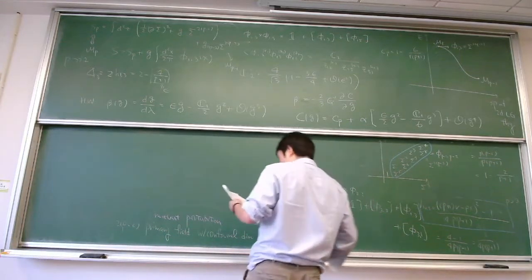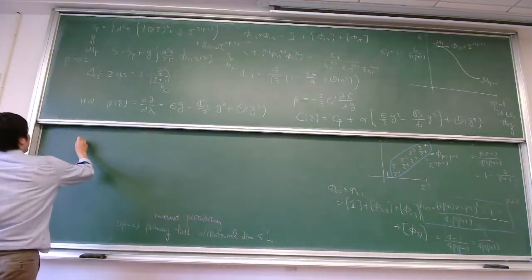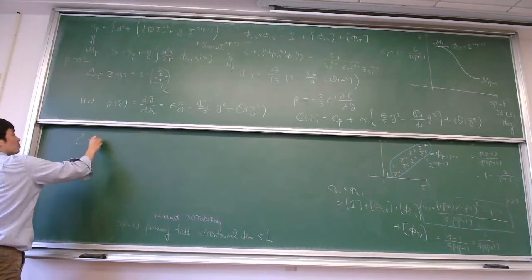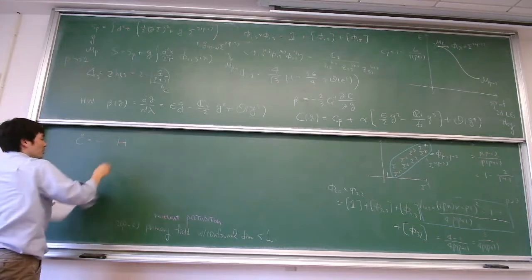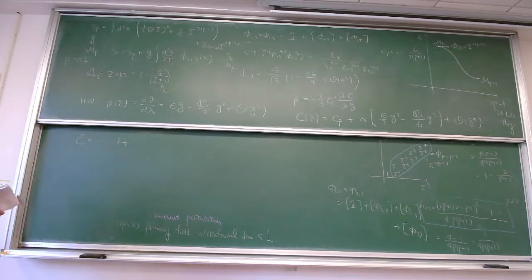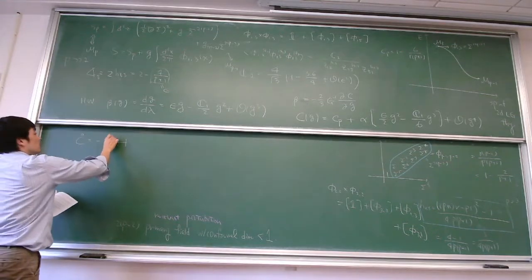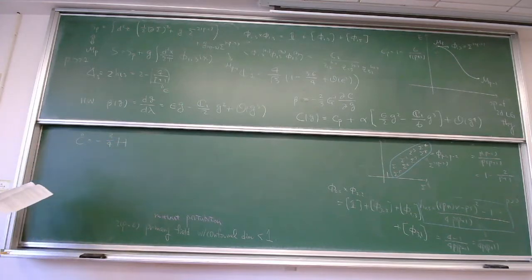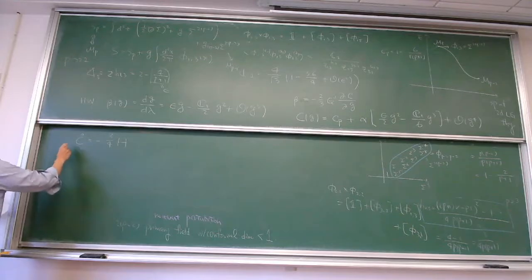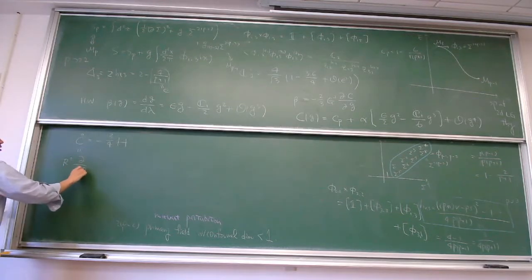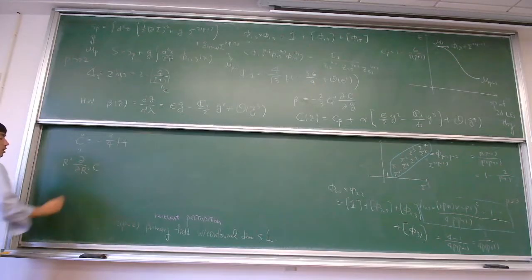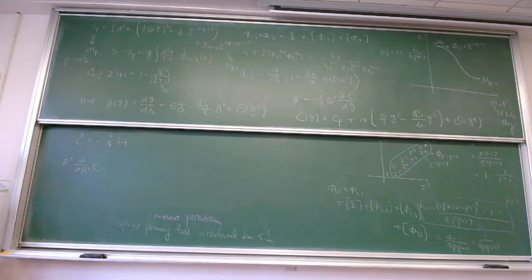So C dot, and we know C dot is equal to minus, I forgot, 3 over 4 H. Where dot is indeed equal to R squared d/dR. So this is the definition.